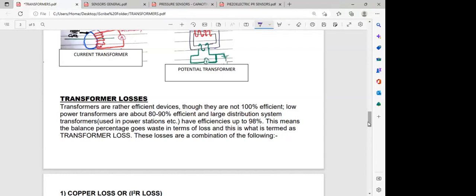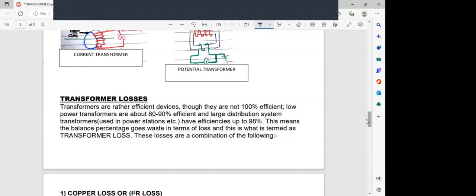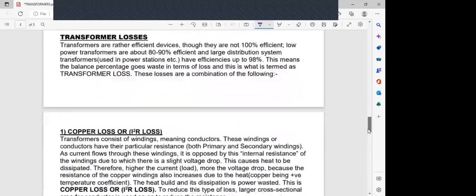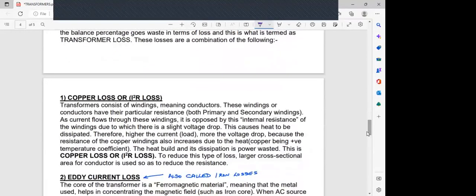You're not losing out on anything. So where is this 10%, or sometimes they say have efficiencies up to 98%. So where is that 2% gone? You have something called transformer losses, and your transformer losses are, number one, copper losses.